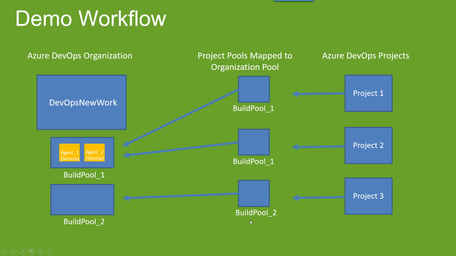So once I create that as a new pool, it will create an organization agent pool, which is build pool 2. Then I will install agent 3 as interactive, which will be used for running UI tests, and also show you how to uninstall this agent from the machine.